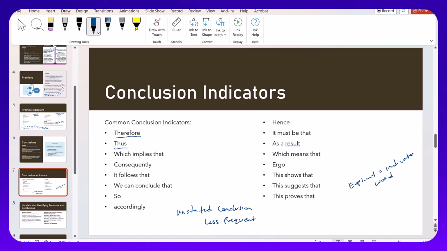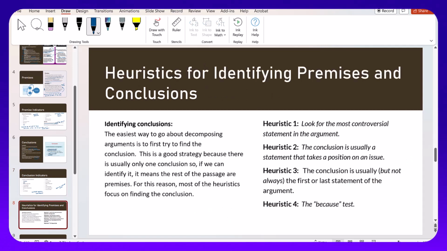Now, there are other types. There are heuristics for identifying premises and conclusions. Essentially, deconstructing arguments is the best way to figure out what the conclusion is, and even what the premise is. Usually, there's only one conclusion in arguments, so if we can identify the conclusion, it usually means the rest of the passage is the premise.